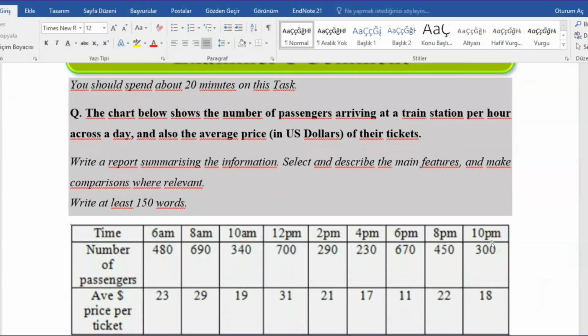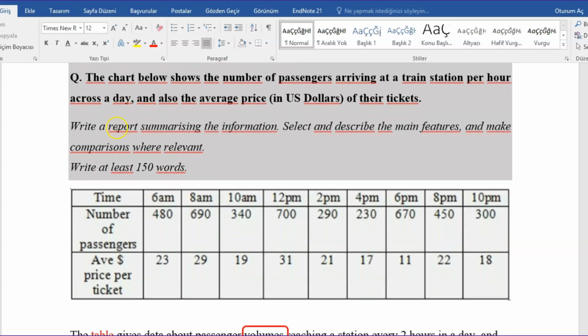Our question is here. You should spend about 20 minutes on this task. The chart below shows the number of passengers arriving at the train station per hour across a day, and also the average price in US dollars of their tickets.